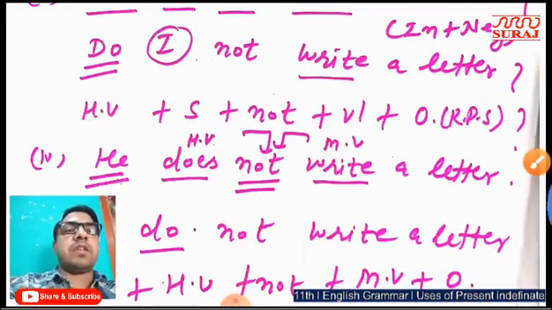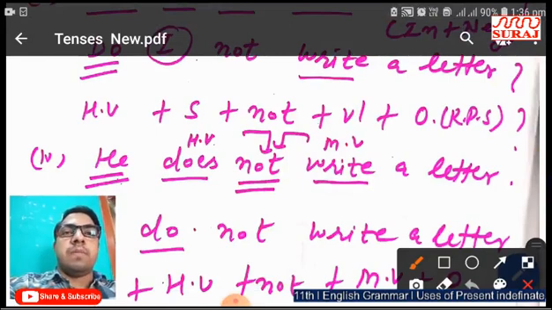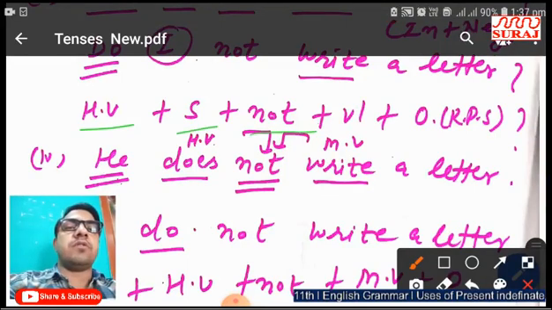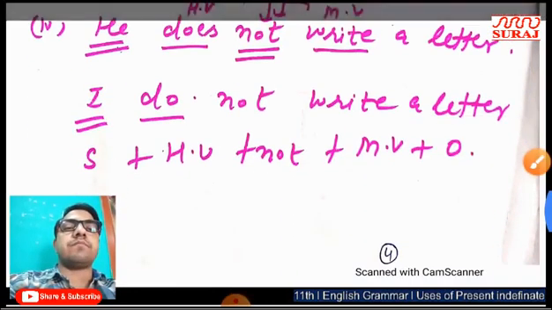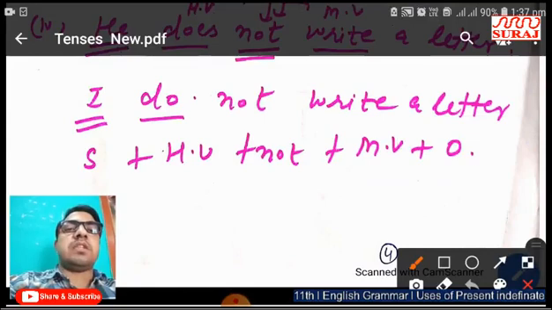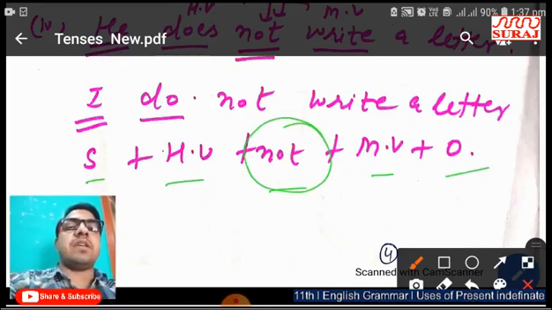And this is the structure of an interrogative plus negative sentence: helping verb, subject, not, first form of verb, rest part of the sentence, interrogative mark. This is the structure of a negative sentence: subject, helping verb, not, main verb, object. In a negative sentence we should remember one thing, that we always write the negative form not between the helping verb and the main verb.